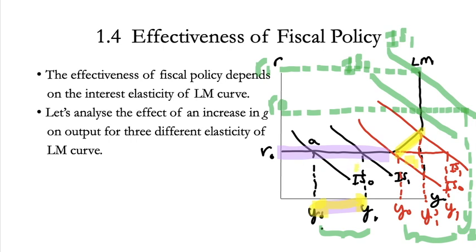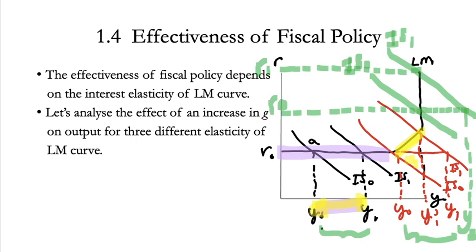And Keynes always believed that during the Great Depression, the LM curve is flat. That's why we have liquidity trap. The second most effective is when LM is upsloping, but the least or no effect at all on output for fiscal policy is when LM is vertical.